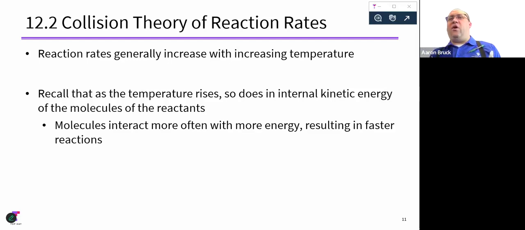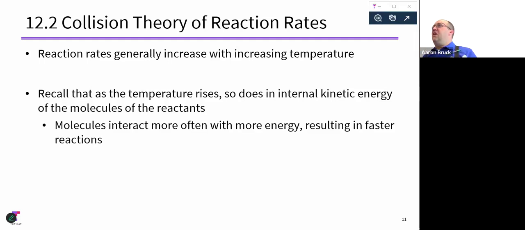Now, I don't know how many of you are into probability and statistics or just like them in general, but the general concept here, more collisions means that we are going to at least have a better chance of getting effective collisions at the same time. Now, it doesn't hurt that these molecules are interacting with each other at a higher energy, and so the chances of overcoming activation energy are higher as well.